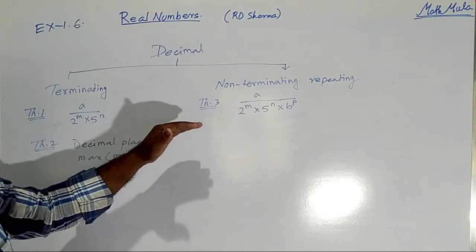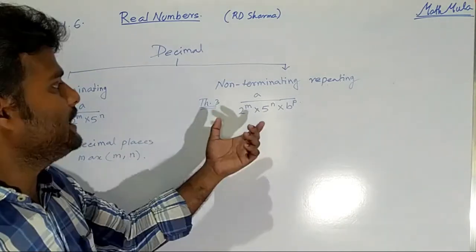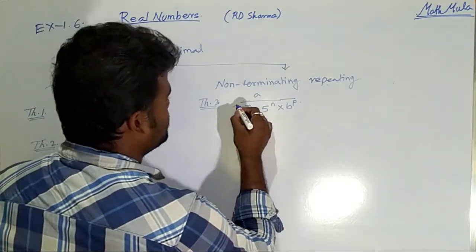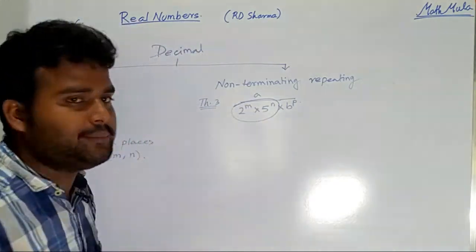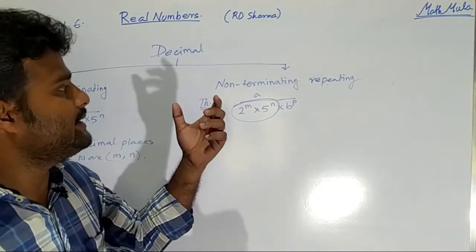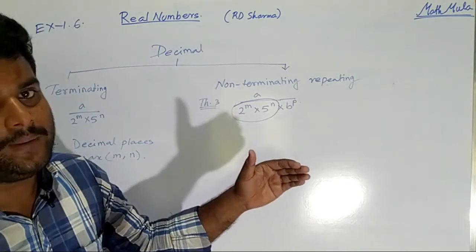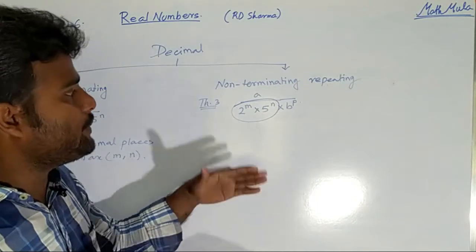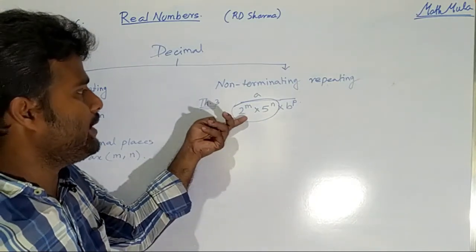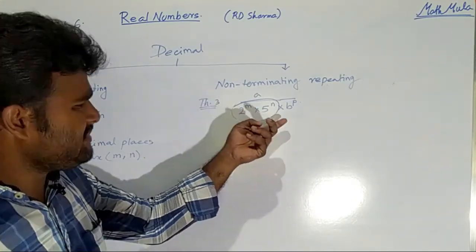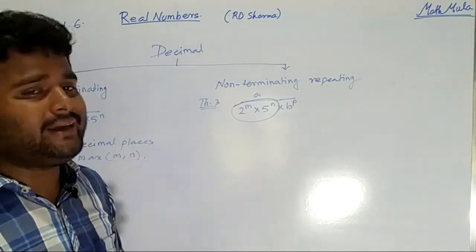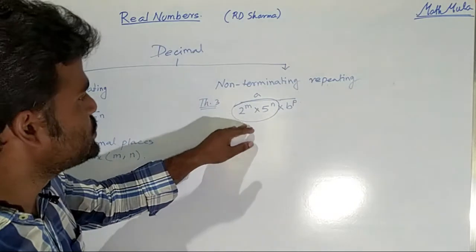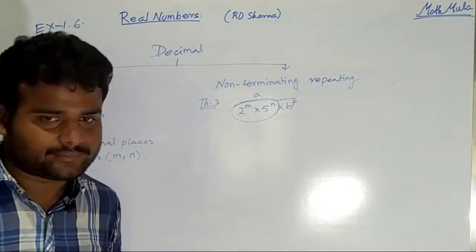And theorem 3, for any rational number, if the denominator is not in the form 2 to the power m into 5 to the power n, then the decimal expansion of this rational number is non-terminating repeating. The form of the denominator will be 2 to the power m, 5 to the power n and b to the power p, where b is any prime factor or composite factor other than 2 and 5. That's it.